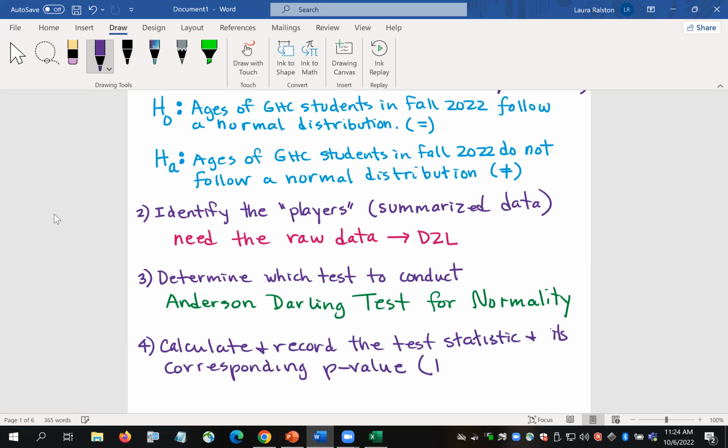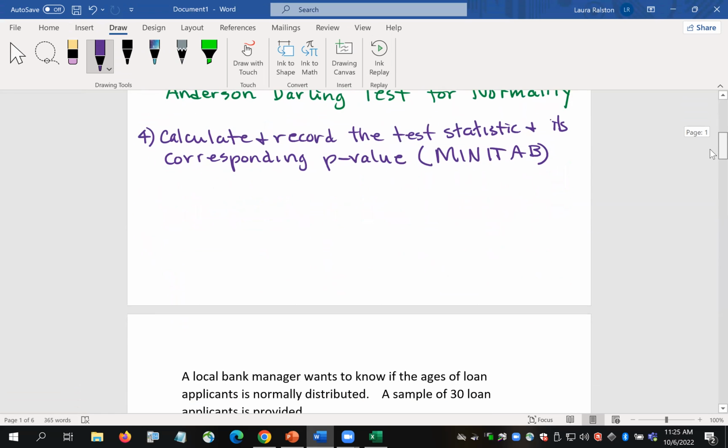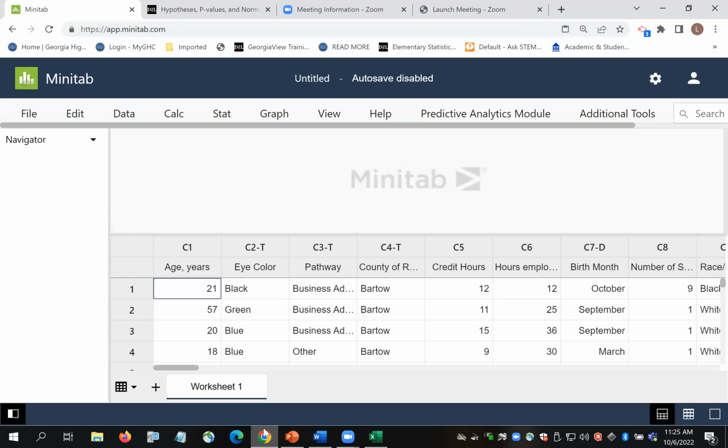Now we do that using Minitab. So I'm going to go out to Minitab. I've already copied the data into the spreadsheet.